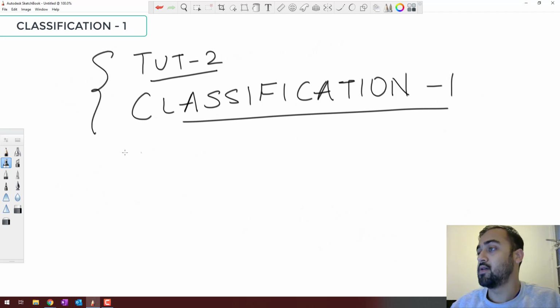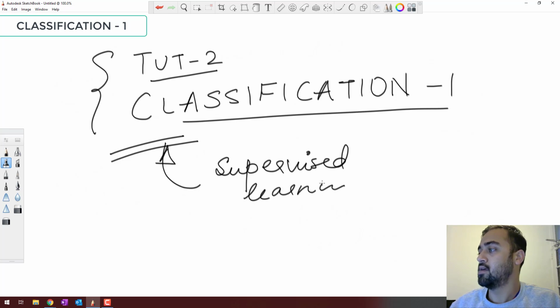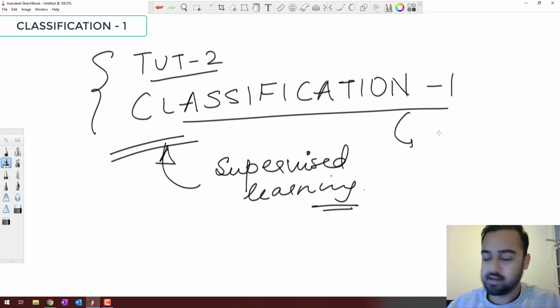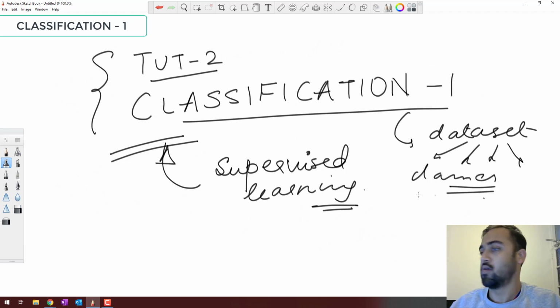Classification is one of the algorithms that comes under the umbrella of supervised learning, right? It basically distributes your data set into classes, right?